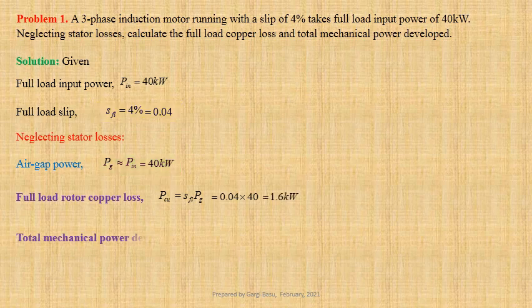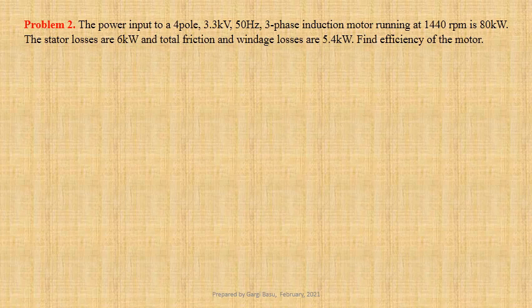Total mechanical power developed Pm equals Pg minus P copper, that is equal to 40 minus 1.6, that gives us 38.4 kilowatt.